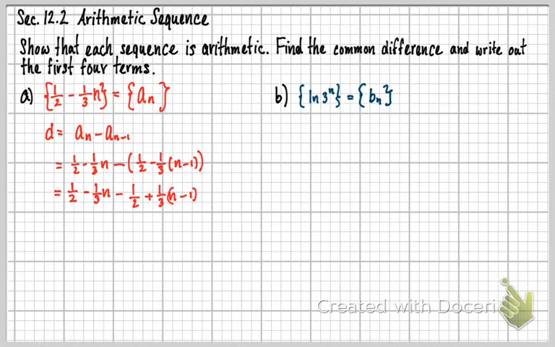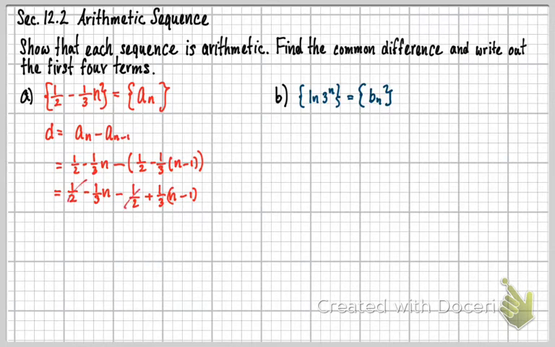So there we go. Now I can see that when I put these together, the halves are going to cancel because I have a positive here and a negative here. I have to distribute first. I'm getting a little ahead of myself.